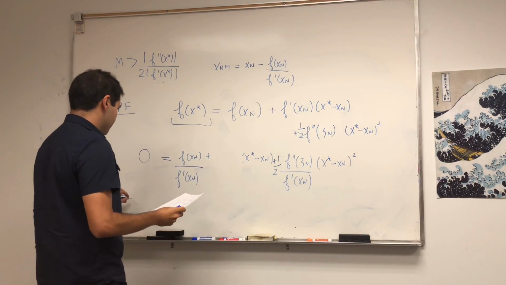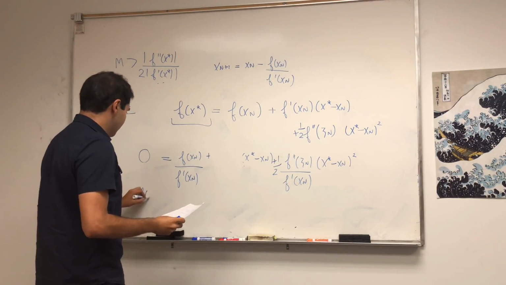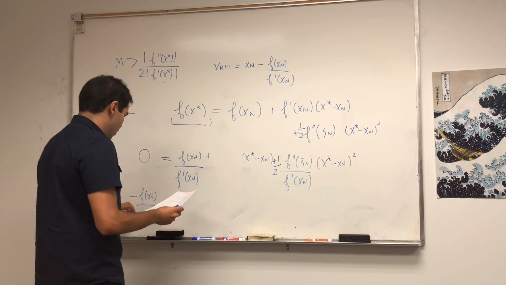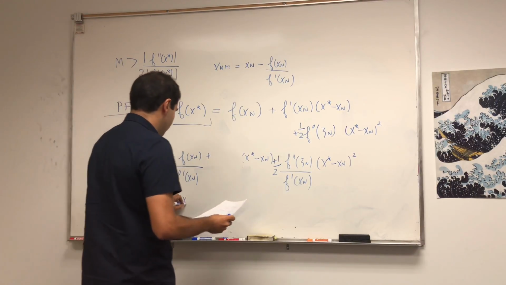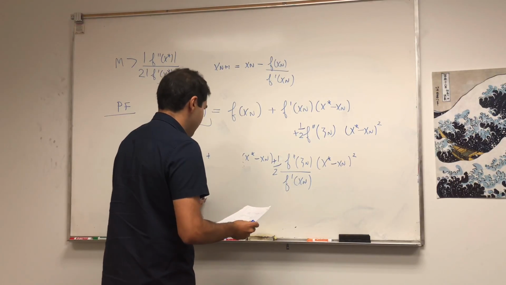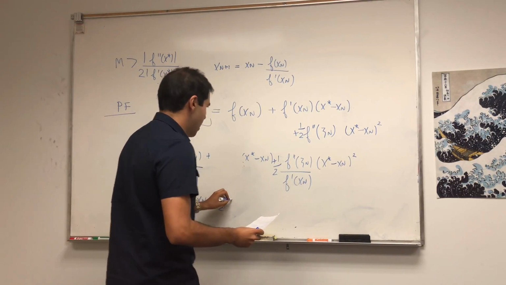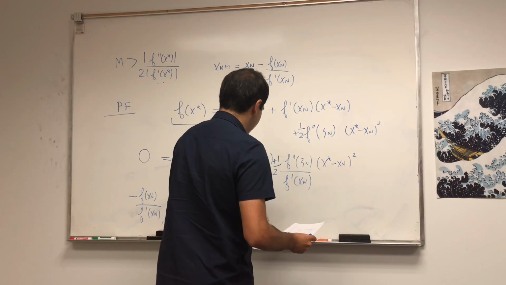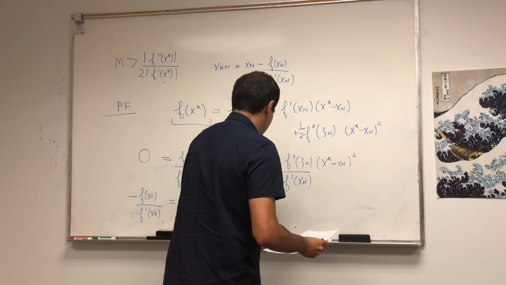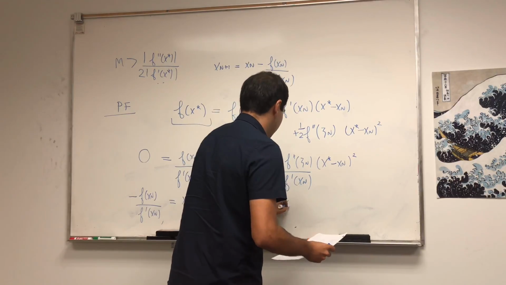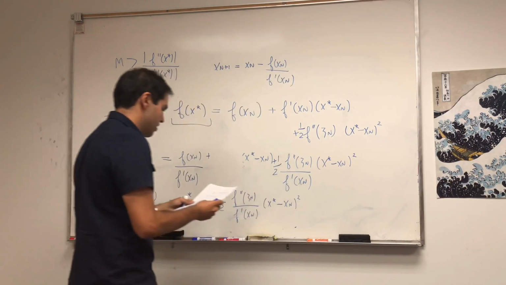So, minus f of xn over f prime of xn equals x star minus xn plus 1/2 f double prime of xi n over f prime of xn times (x star minus xn) squared.